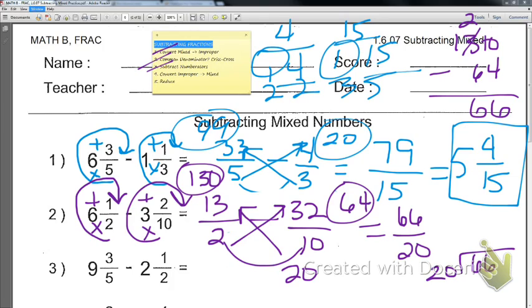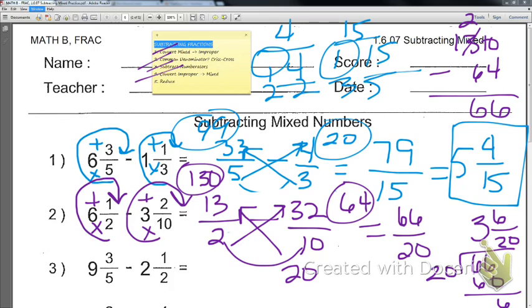Well, I know 2 goes into 6 3 times, so I'm guessing 20 goes into 66 about 3 times. So 3 times 20 is 60, and then you subtract. 66 minus 60 has a remainder of 6. That 6 becomes the hat of your fraction. 6 over 20.